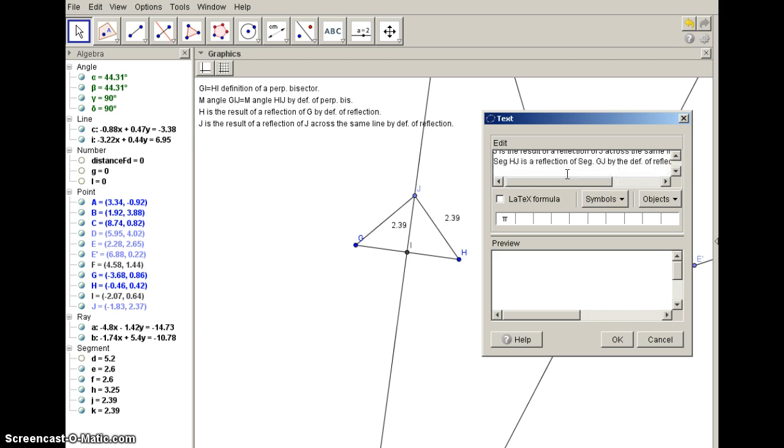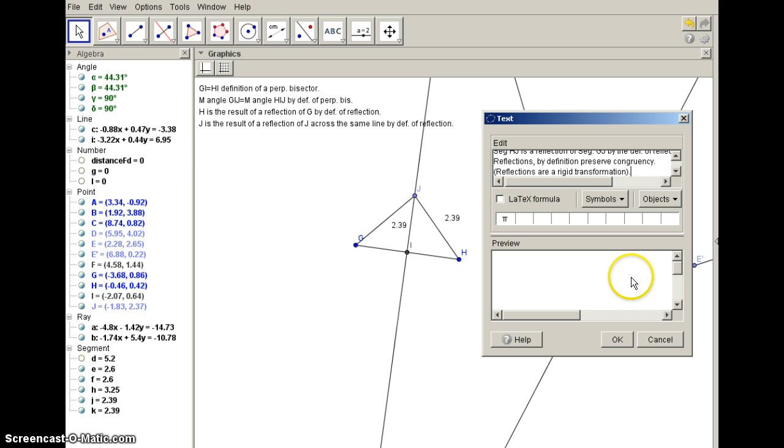So if it's a reflection, now we have the concluding piece here, right? Reflections, by definition, preserve congruency. And they are, I'll put this in here, reflections are a rigid transformation.